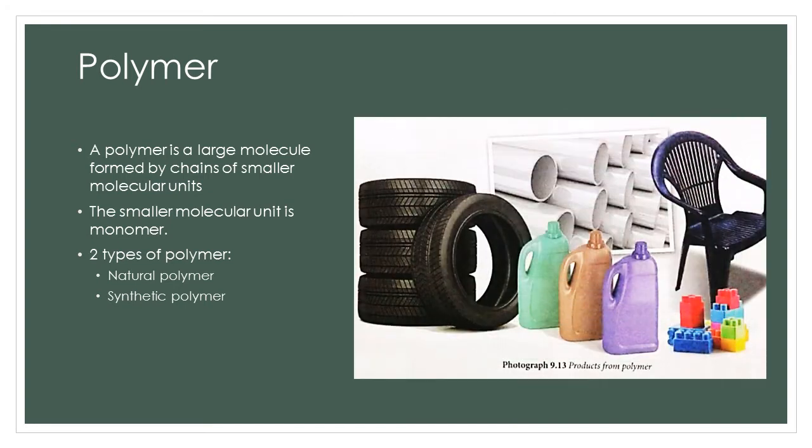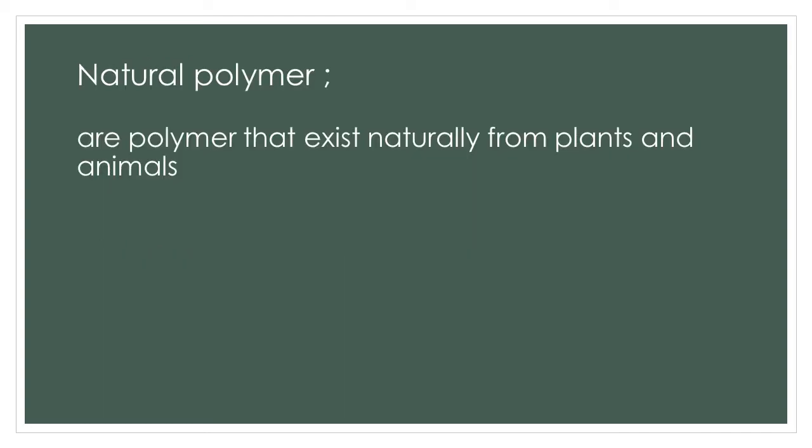Okay, so these are the products that we use, made up from polymer. We can see tire, bottle, chair, toys, and so on. So these are examples of polymers around us.